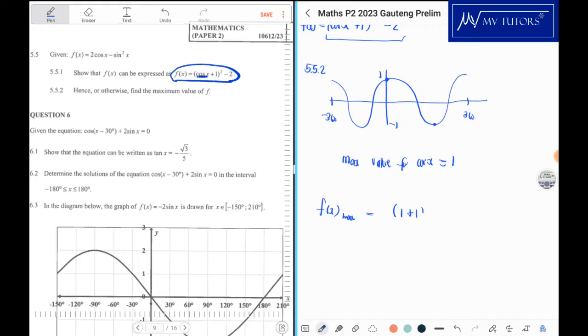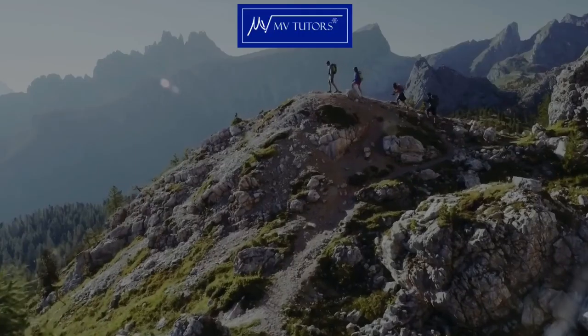So I'm adding 1 to it, which is 1 plus 1 squared minus 2. And then I'll have 2 squared, which is 4 minus 2, and that is 2. Okay, so ultimately the maximum value for the function of f will be 2. And this is where we end the question.